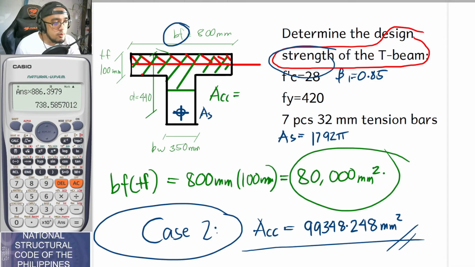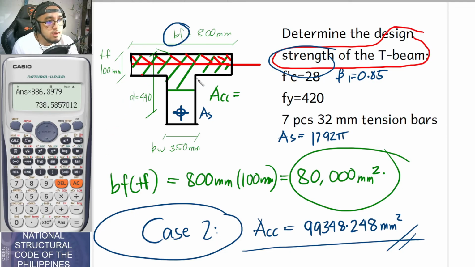But for example, once again, that the example or the problem that you are analyzing is to be case 1. So when we say case 1, it means that your compression block is to be located here only. So if you can see here guys, this red mark, it's just like that.